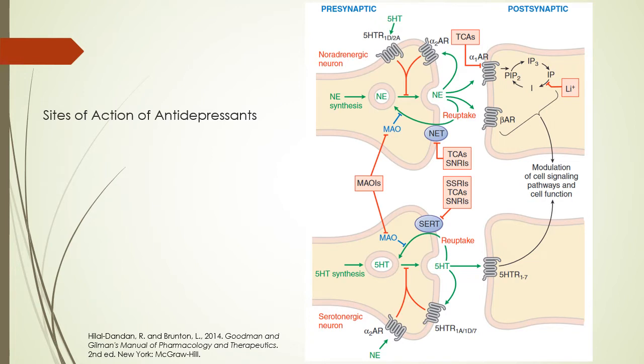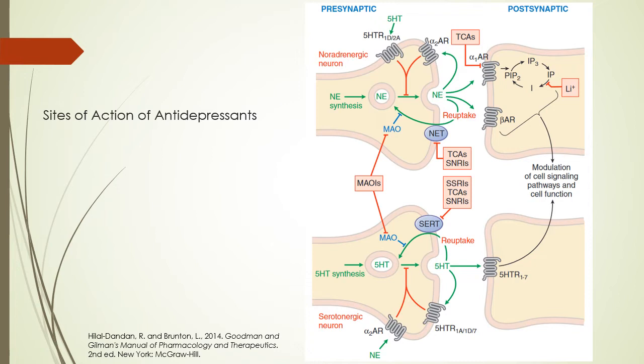Showing the mechanisms of action and the sites of action of the common antidepressant classes that we use. So, since we know that in depression there is a relative decrease in the bioavailability and effect of norepinephrine and serotonin, the drugs that we use would also treat depression by reversing that pathophysiology.